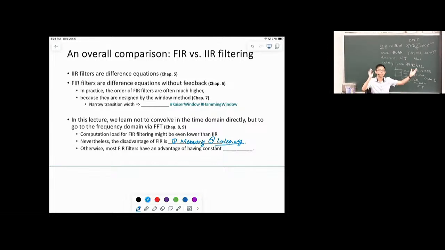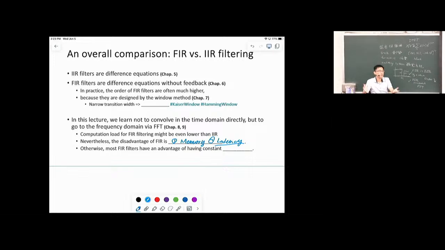Also because you need to store one block first, we need to wait until the block enters. Then we can start processing as fast as we can, produce the output, and put them back together in the time domain. So there's always a time that you need to wait until one block comes in before you can start processing the next block. So memory and latency are two factors we need to consider.